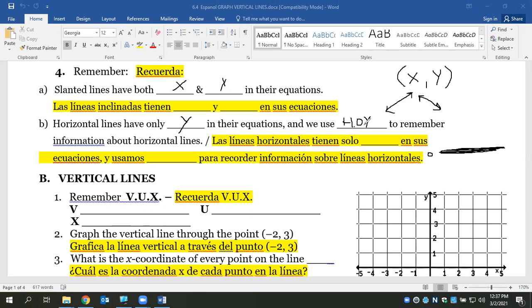In Spanish, they would say hoy, and they would say that means the word day, but we're not talking about that. Okay. So horizontal lines only have y in their equations, and we use hoy to remember information about horizontal lines.